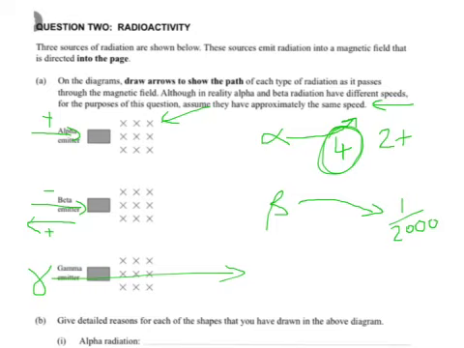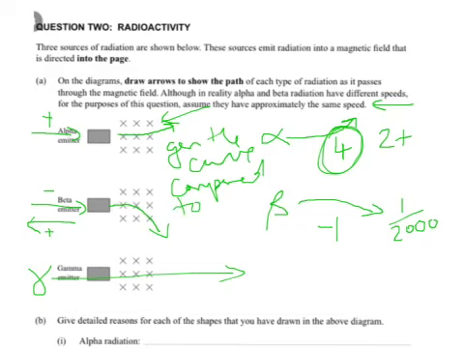With a beta particle being only -1 charge, it'll interact with the field half as much, but because that mass is so much tinier, it should take much less force to deflect it. So we should expect a greater curve with the beta particle than the alpha particle, which should just get a gentle curve compared to beta. Okay.